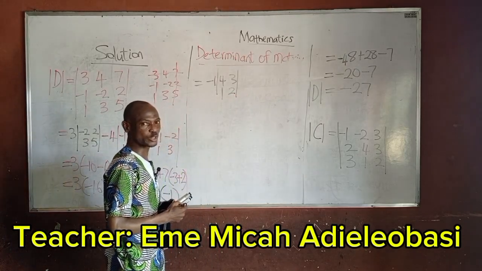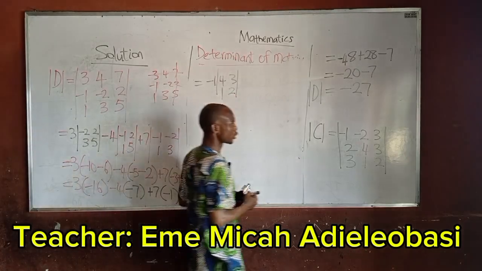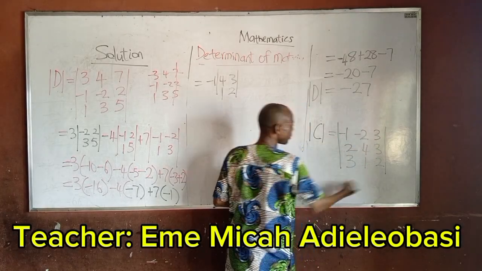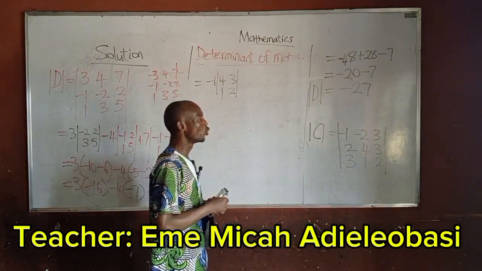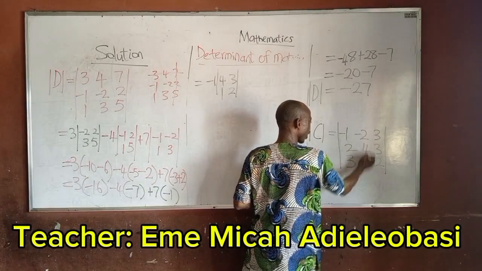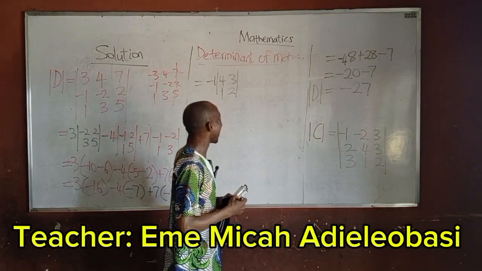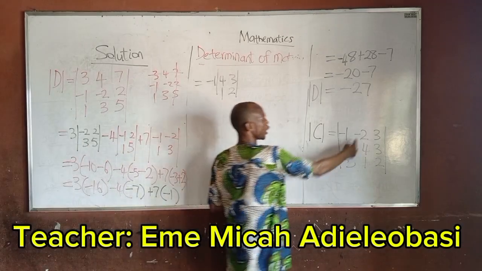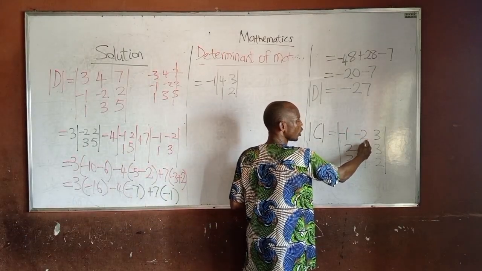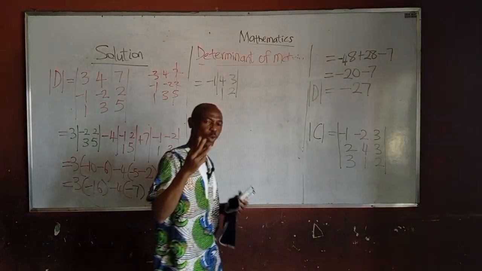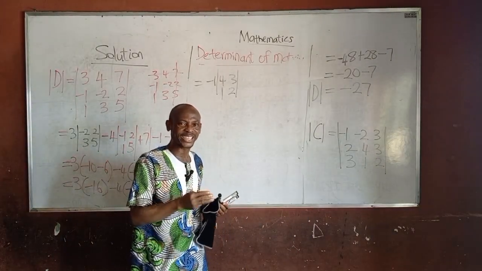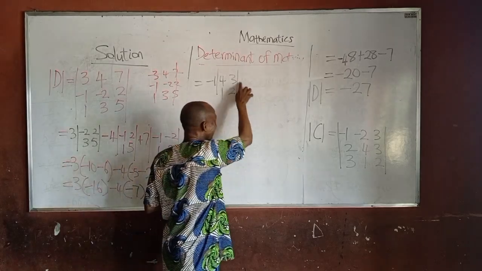Now let's look at the next one. We are going to close row number 1 and column number 2. The sign, because it's row 1 and column 2, 1 plus 2 will give us 3. 3 is an odd number, so the sign is supposed to be minus.